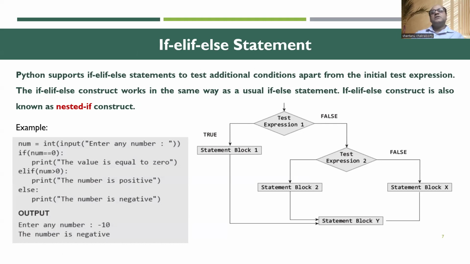The condition which is true, the control will go to that true block. Otherwise, it goes and checks the next condition or test expression. If that condition is true, then it will go to the next true block, else it goes to the false block and exits from all the blocks. This is the elif statement that we use.